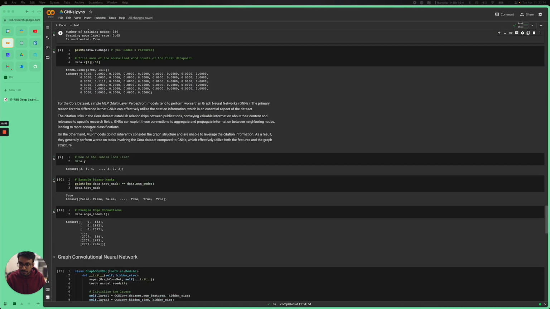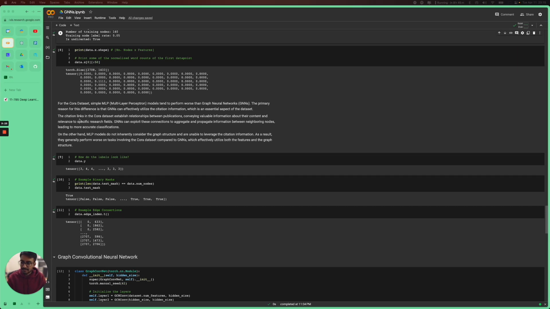For the Cora dataset, this is called the Cora dataset, by the way, you could still technically use the bag of words feature representation with a regular MLP and try to see if you can predict the category. There are 7 categories in total. But obviously, this doesn't work very well because you can't utilize the citation information contained between these nodes. The bag of words feature vectors alone are not going to give you the maximum information for inferring the category without understanding what the links are between these papers.